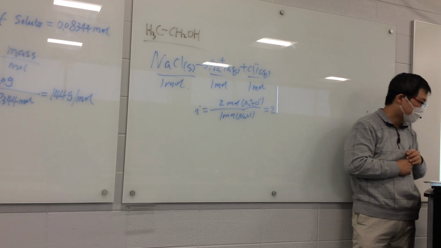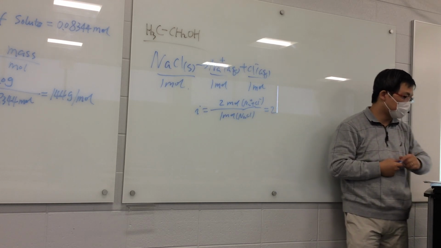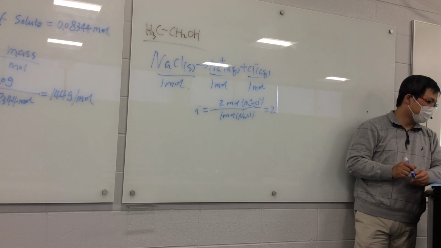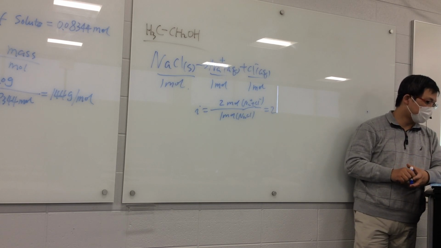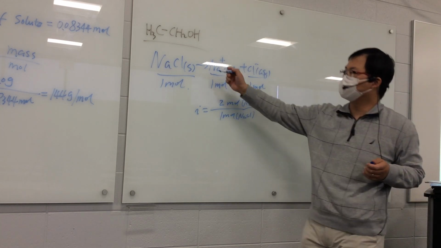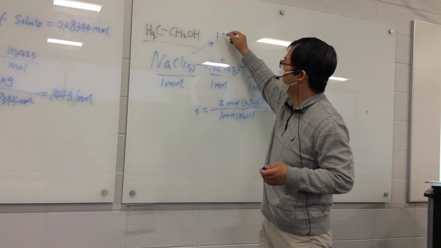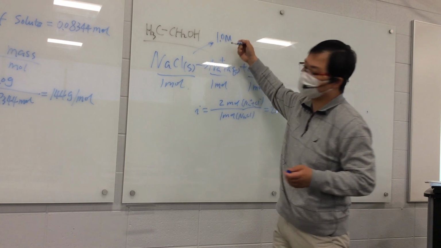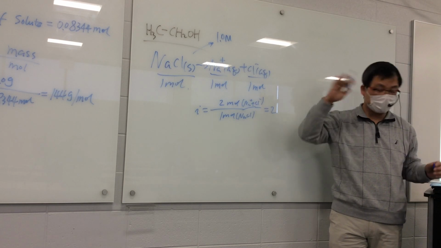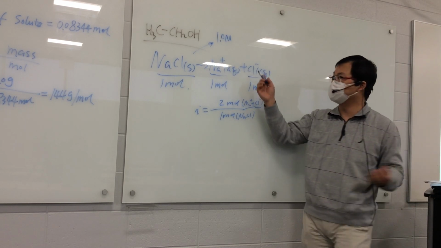Okay. And the effective concentration, known as activity, is smaller than the predicted ion concentration. So here, we have a 1.0 molar solution, right? And we predict the concentration of ions, including both positive ion and negative ion, is 2.0.